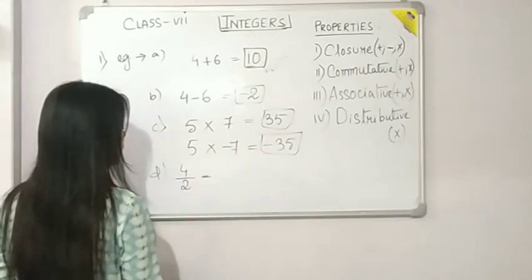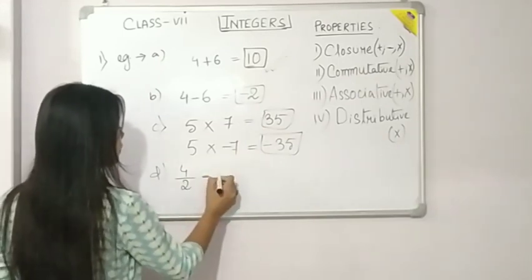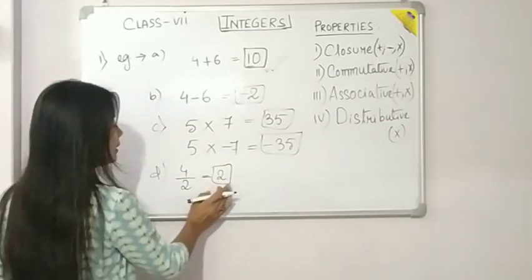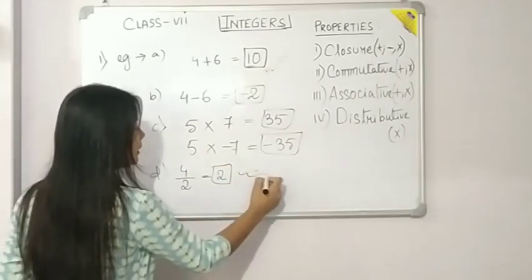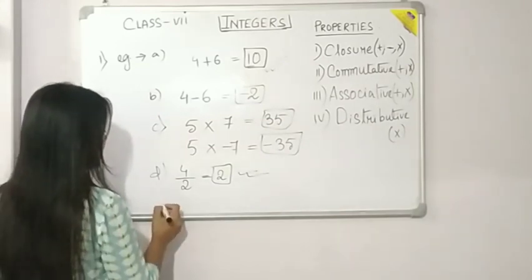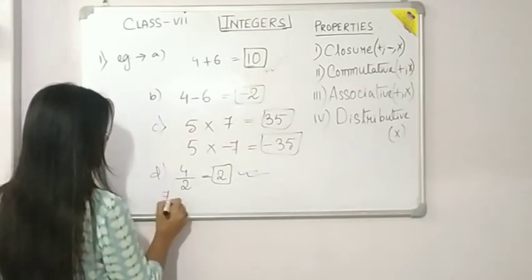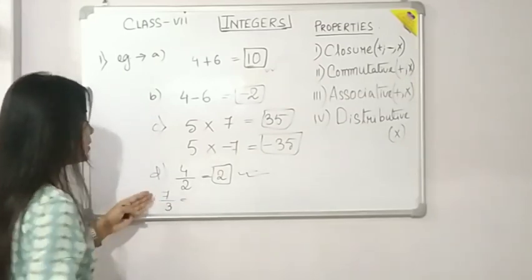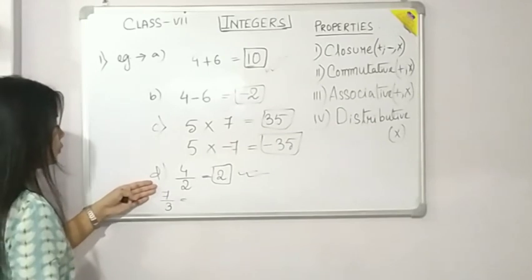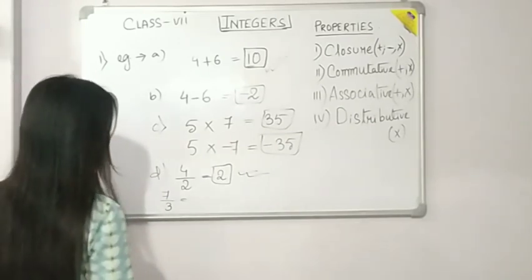Which gives you how much? 2, since 2 times 2 is 4. After dividing, we are getting 2, which is an integer. I will take one more example, 7 by 3. 7 is an integer, 3 is also an integer. But if we do the division, then what will we get?